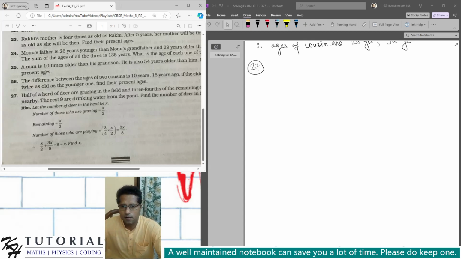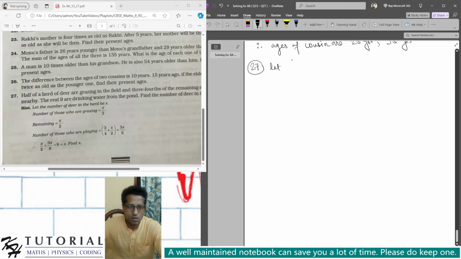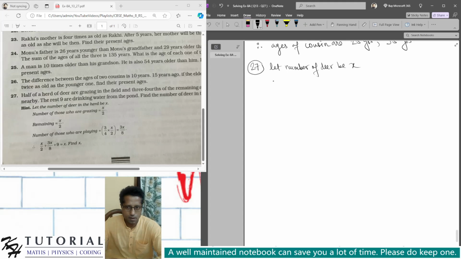So let the number of deer, that is the total number of deer, be x. Now it is said that half of a herd of deer, I mean the total number of deer, means the number of deer in the herd is x.